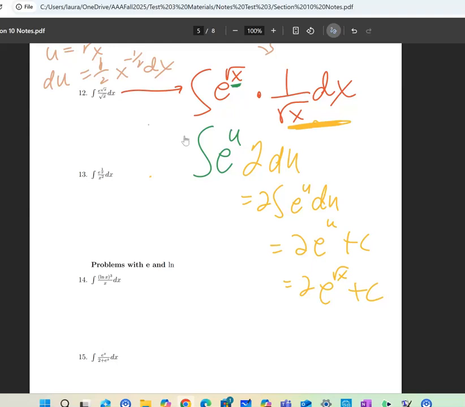Okay, so this here, the inside function, will be 1 over x. That's what's inside the e function, right? So be careful. That's like saying x to the negative 1.